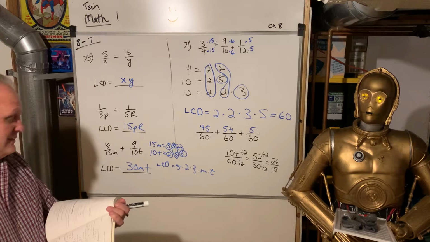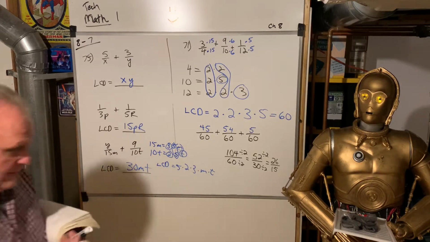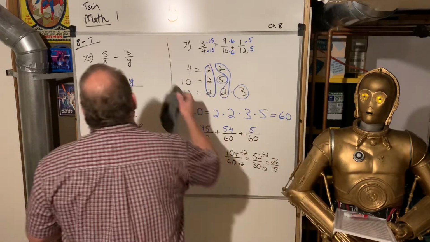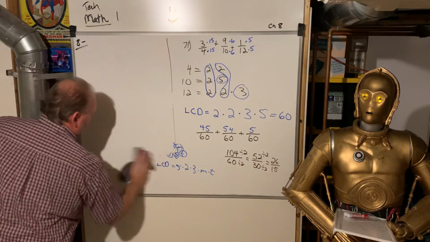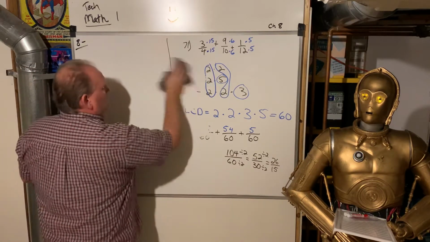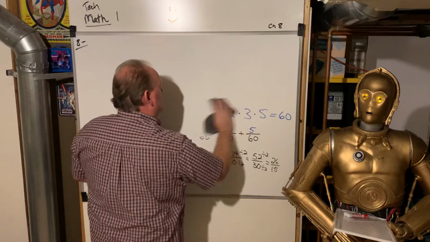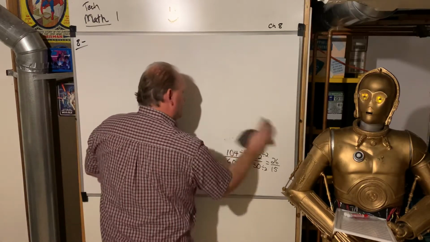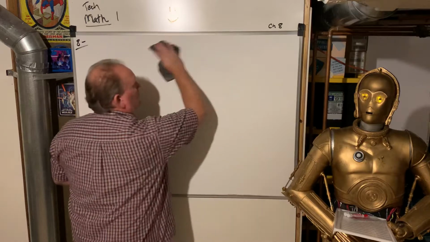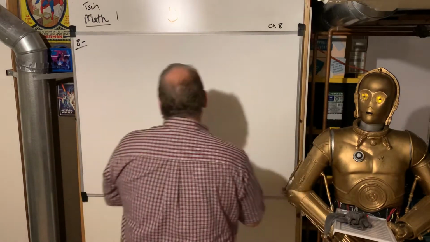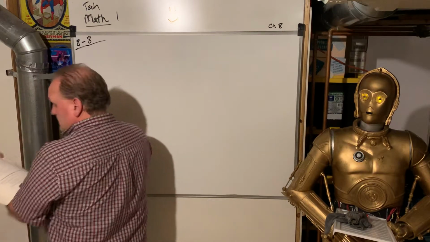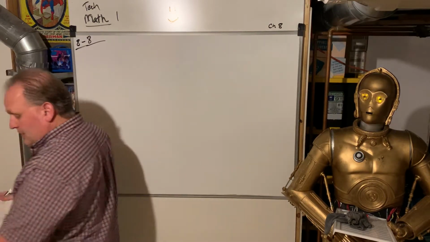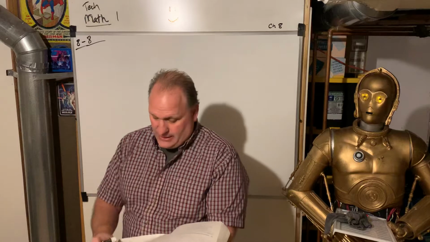Swell. There are swell CDs. Okay, let's look at 8-8. So 8-8, addition and subtraction with unlike denominators.